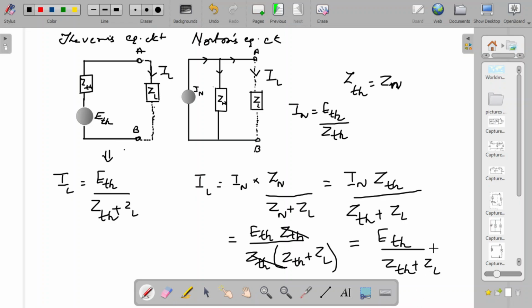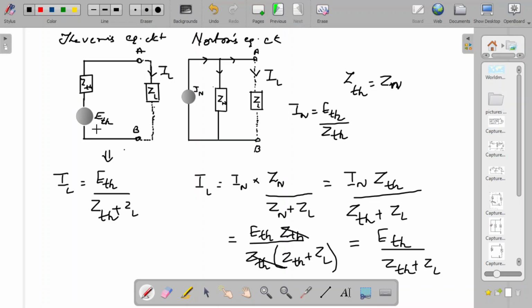Because you are simplifying the same network. The same network was replaced in two ways. One, I made it equal to the Thevenin equivalent circuit. Then the next case, I made it equivalent to the Norton's equivalent circuit. In either way, finally the current flowing through the load resistance should be the same. These two theorems are two ways of representing a complicated network.